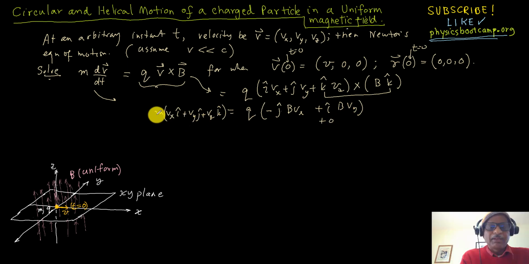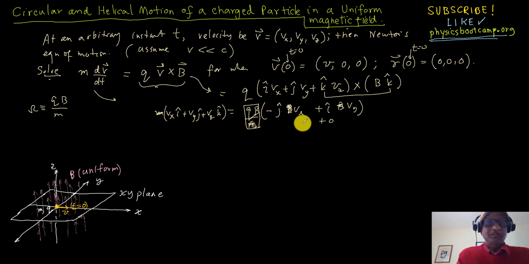Let's get the m out of the way, get the B's out of the way, and this quantity I'm going to have one symbol. I'm going to call it omega equals qB over m. So it's just a simple writing, one symbol rather than the whole combination of things.